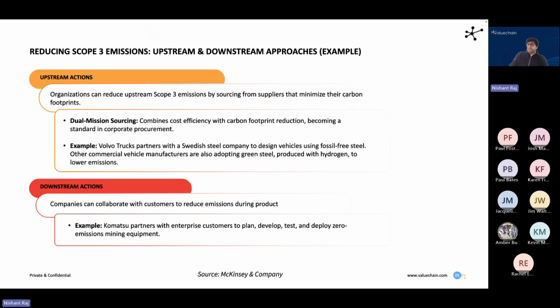Now, when we think about reducing scope 3, because scope 1 and scope 2, if you can start to measure that already, and there are lots of methods out there, including companies that are offering low-cost sensors to add to your existing equipment.